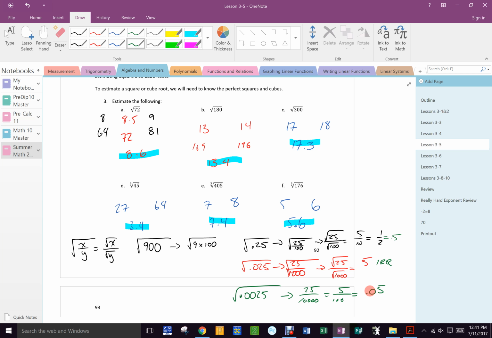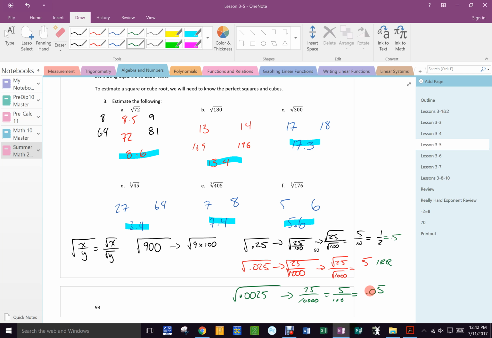Will 5 decimal places work? Nope. Will 6 decimal places work? Why? 6, and it's even, because we're splitting it into 2, right? So if the decimal places are even, you have the possibility of getting a square root. If the decimal places aren't even, you cannot get a square root, no matter what. Don't even try. It's irrational.